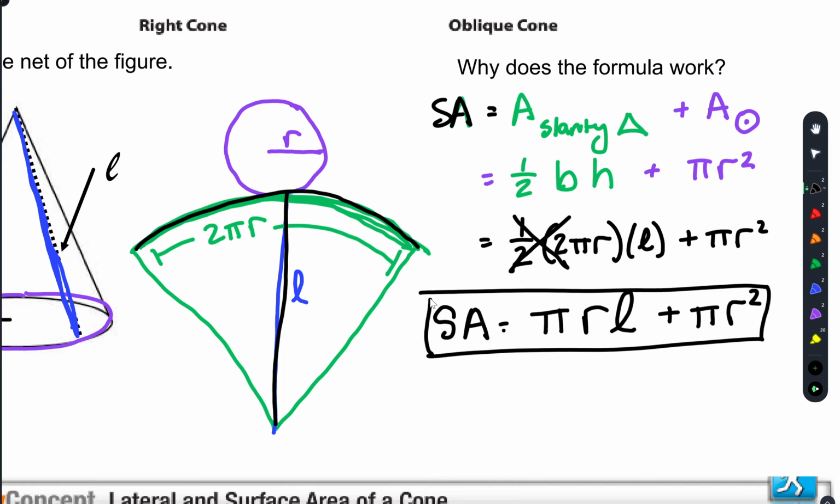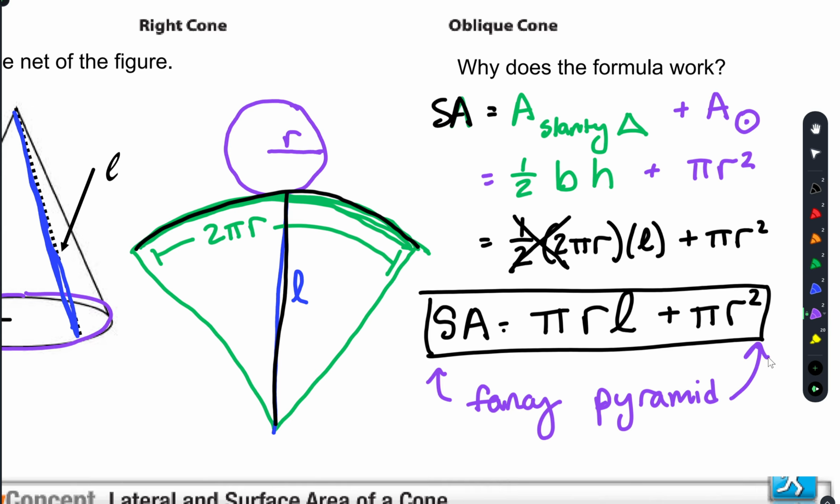I really think this is one of the easier formulas from this unit. It's very straightforward. There's not a lot of extra stuff. You need the radius and you need the slant height, and it's just plugging stuff in. So I really like this formula. However, if you don't want to memorize this formula, that's totally fine. As long as you have the pyramid formula memorized, you should be good to go here, because this is, again, just a fancy pyramid.